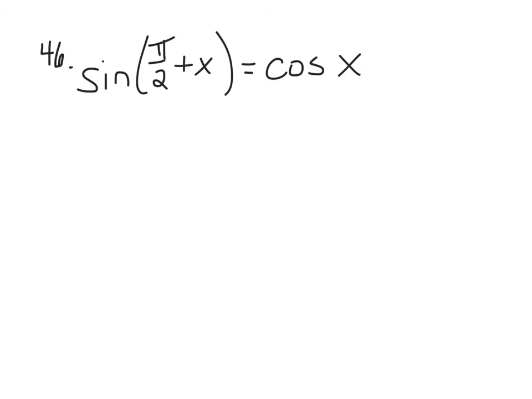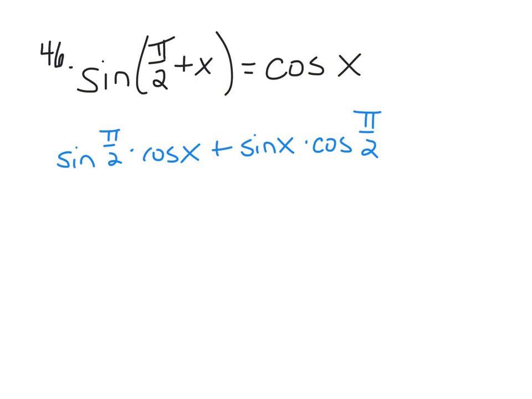So I'm going to start here on the left-hand side, and I'm going to just apply the sum formula for sine. And so that would mean that it is sine of pi over 2 times cosine of x, plus sine of x times cosine of pi over 2.